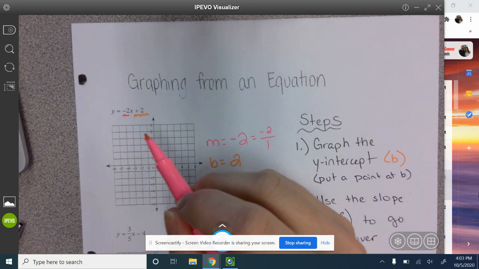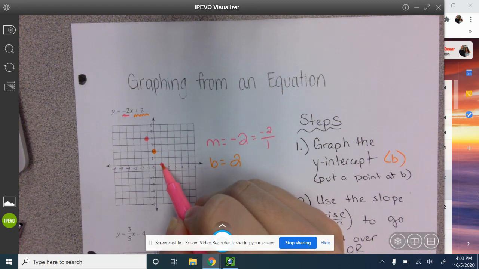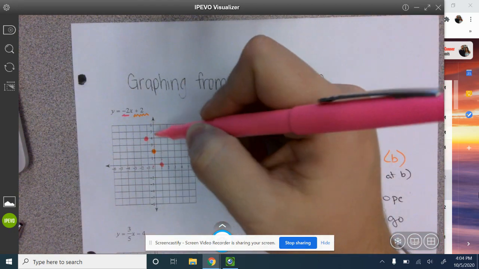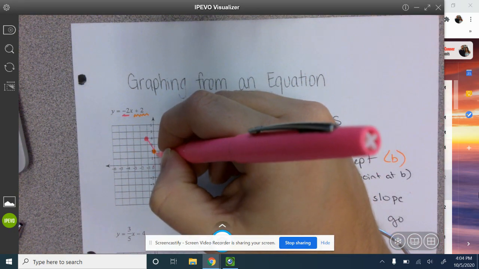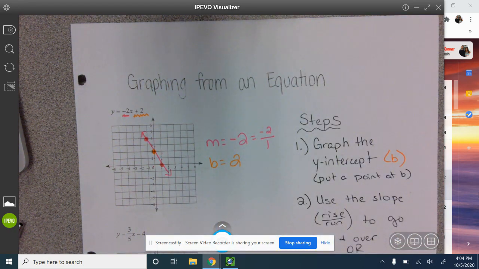The other way would be to go down 2 and to the right 1, because still, if I found the slope from this dot that I just placed, I would go up 2 and back 1. So I have my 3 dots. I'm going to connect my dots and make a line. So that line is now graphed, and that's all you would have to do.